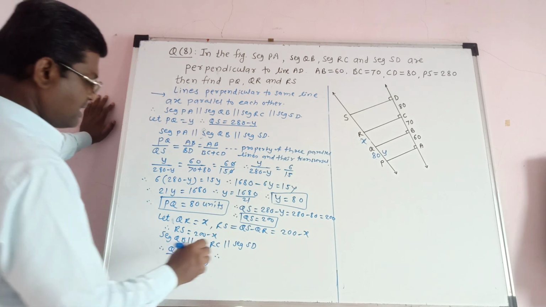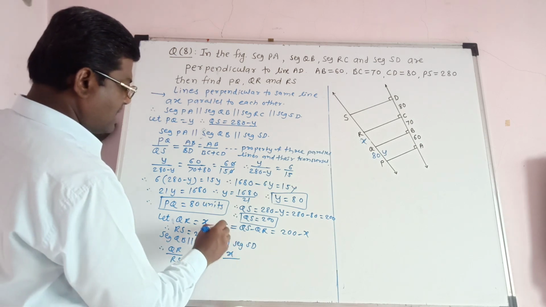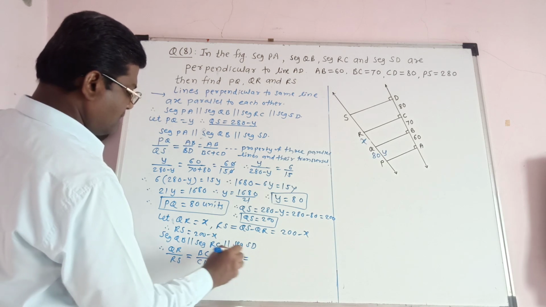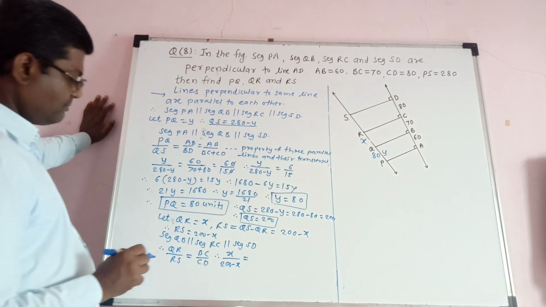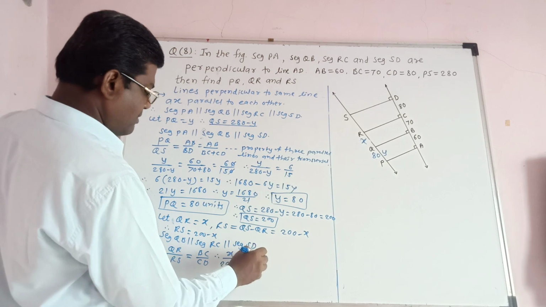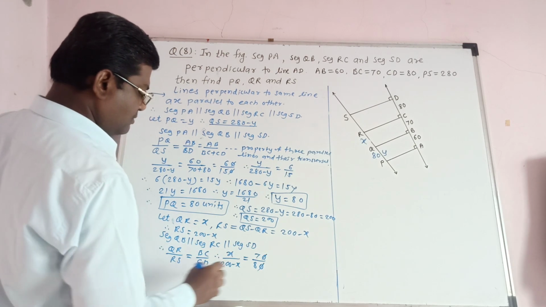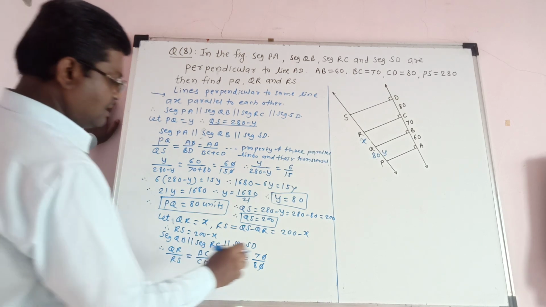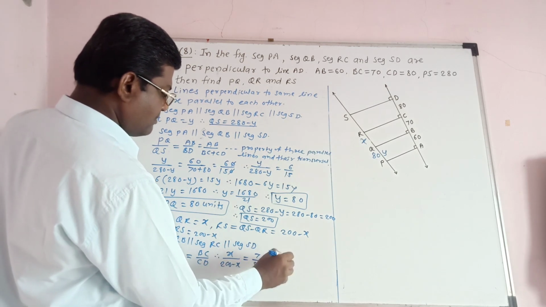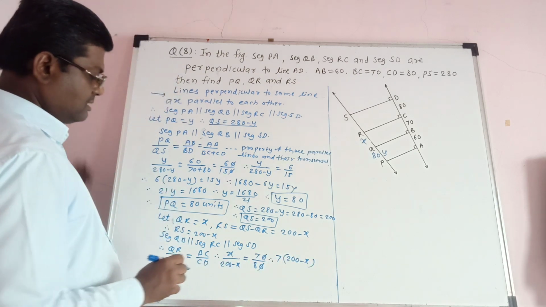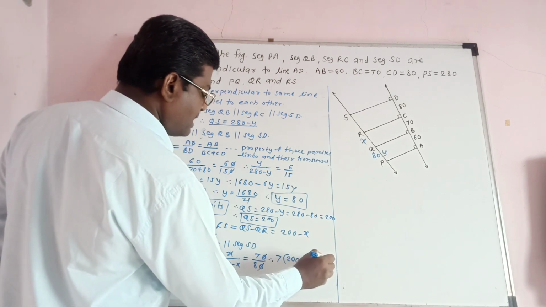Therefore QR is x and RS is 200 minus x, equal to BC 70 upon CD 80. This will cancel. Therefore 7 times (200 minus x) is equal to 8 times x, 8x.